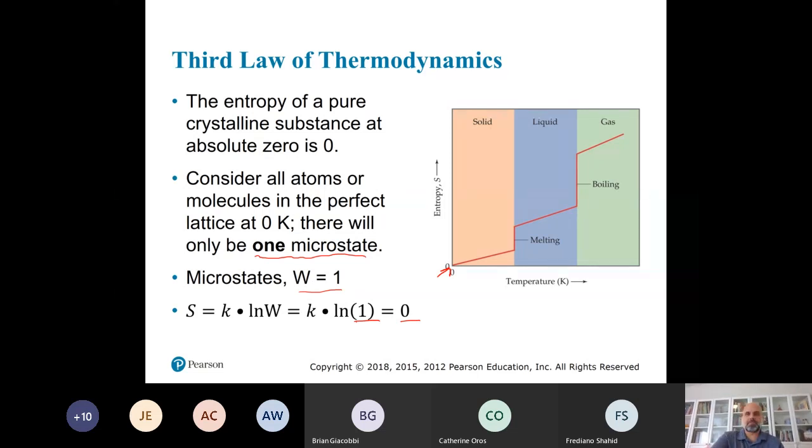All right. So if we go back to this graph here, you can see at absolute zero, our entropy will increase. Entropy goes up as we start increasing temperature. Eventually we go from the solid state to the liquid state. During that melting process, we see a direct increase in entropy with no temperature change.